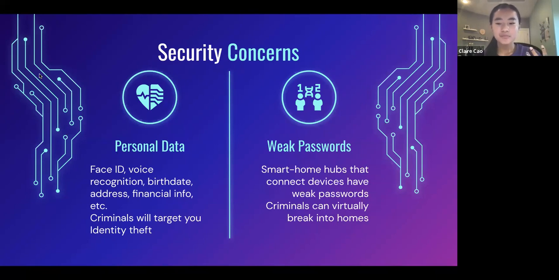So basically, a lot of hackers are able to get access to a ton of home AI devices by just hacking into these hubs that connect all of them. And so criminals can basically virtually break into your house. An example we didn't discuss earlier, but I'm going to bring up now, is that some AI comes in the form of doorbells, locks on your doors, or security cameras.